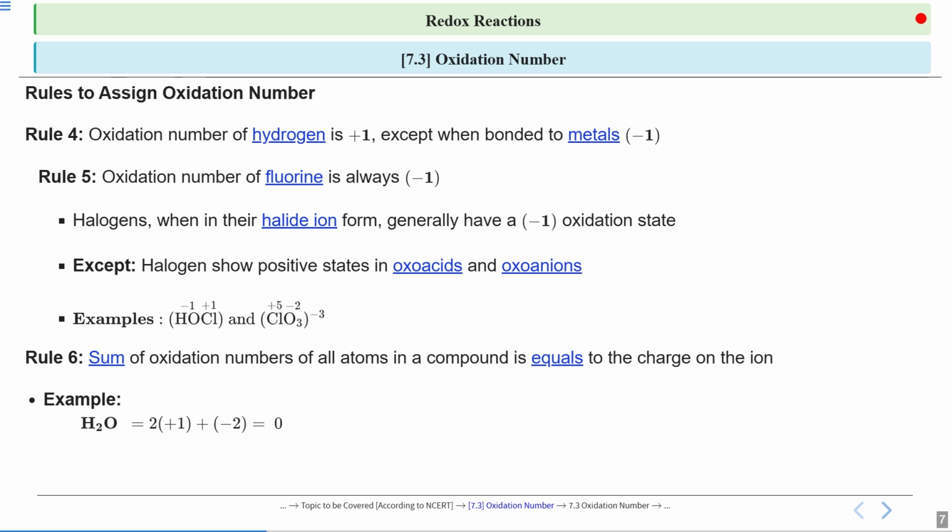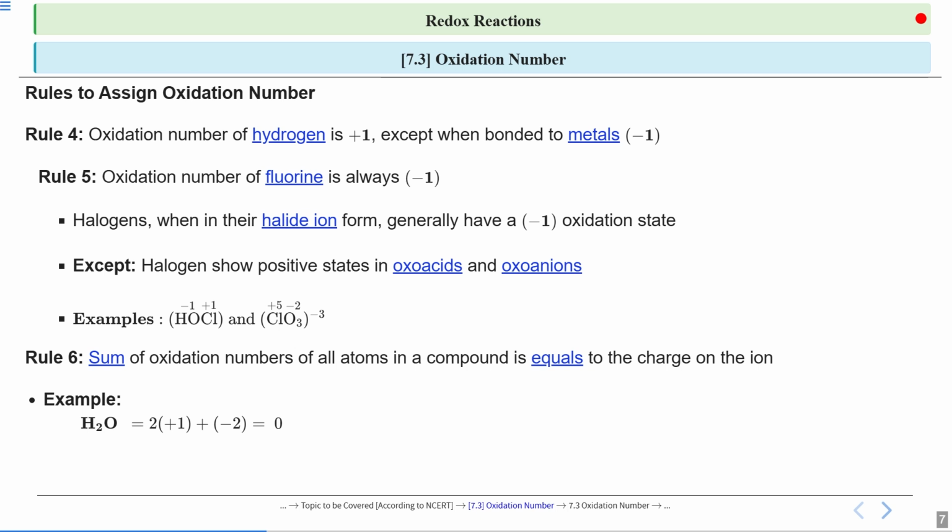You will find that the sum of the oxidation numbers equals the charge on the species. H2O has an overall charge of 0, and by adding the oxidation numbers of all the atoms, we conclude that it has a charge of 0.